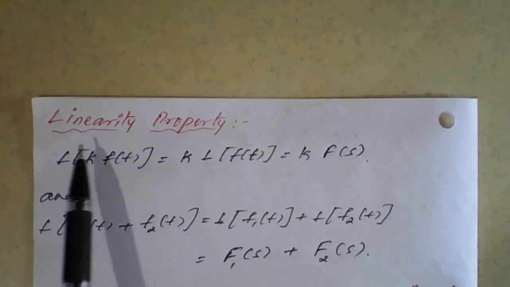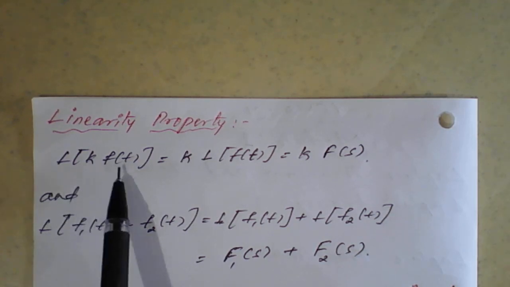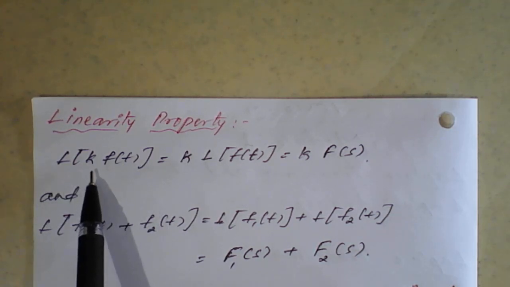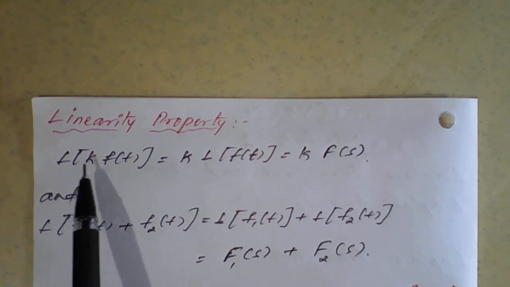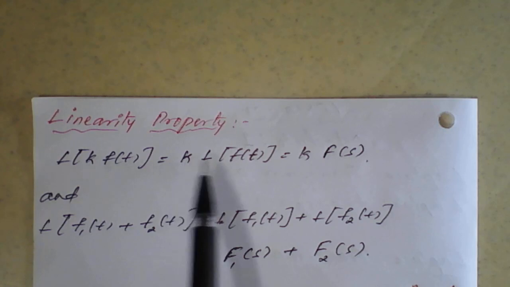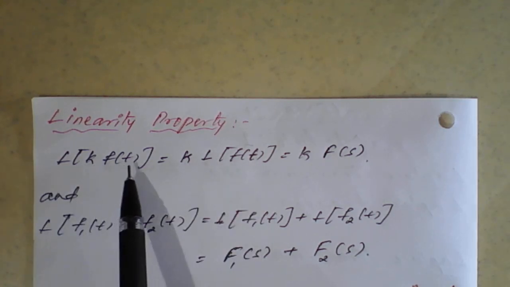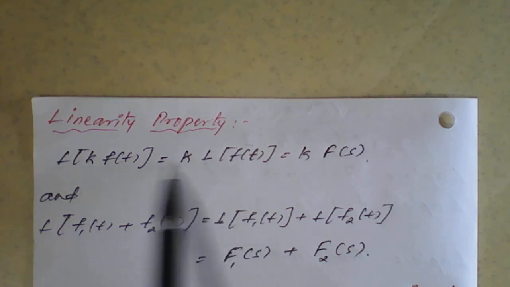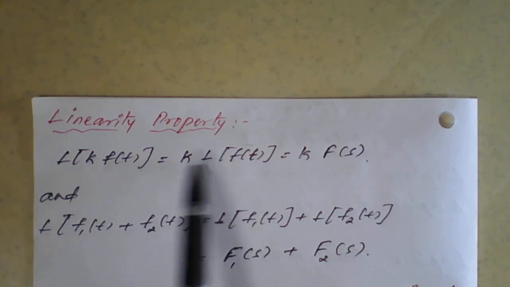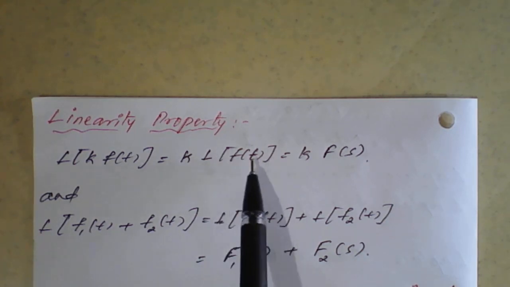Next is the linear property. Laplace of k times f of t, where k is a scalar quantity, can be written as k times Laplace of f of t. Means k you can keep outside and apply the Laplace operator to the given function f of t.